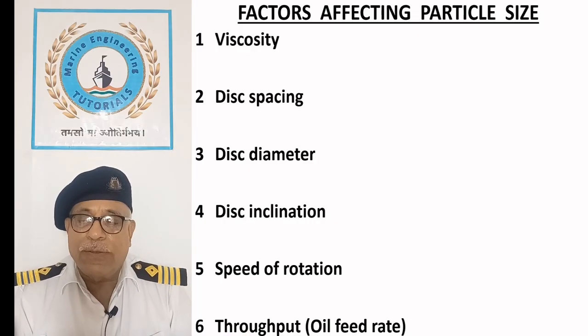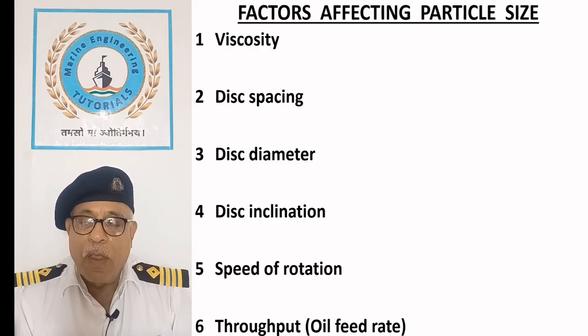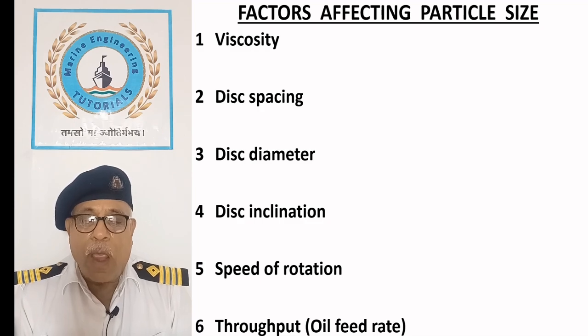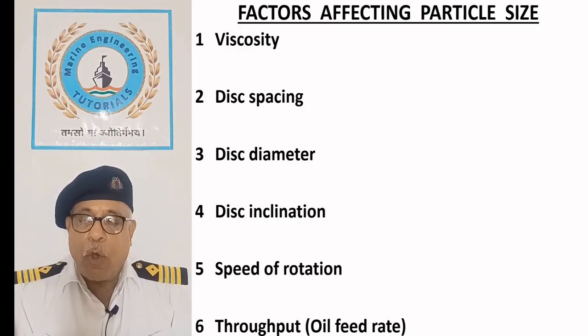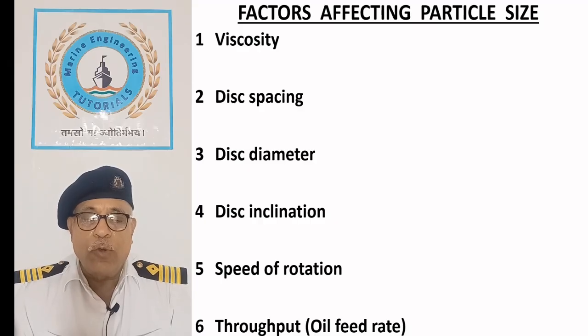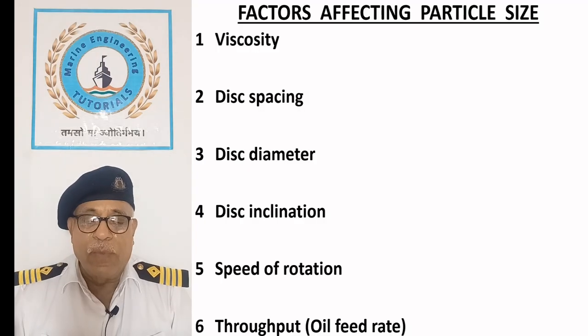Lower throughput results in a smaller particle size limit, producing cleaner discharge oil. Higher throughput increases the limit particle size. Throughput is also influenced by water content. If the oil contains a significant amount of water, throughput must be increased to remove it effectively.